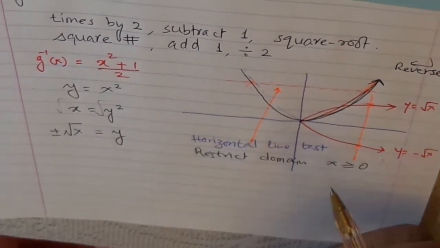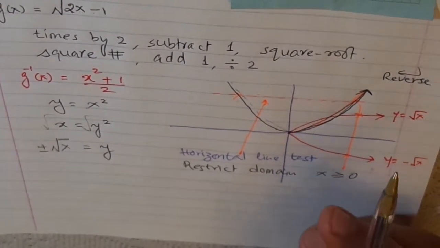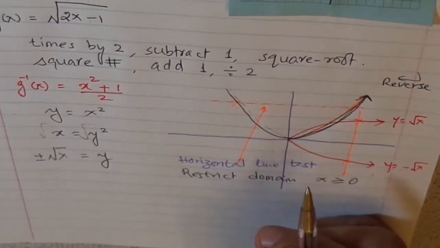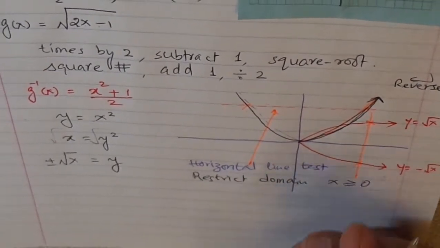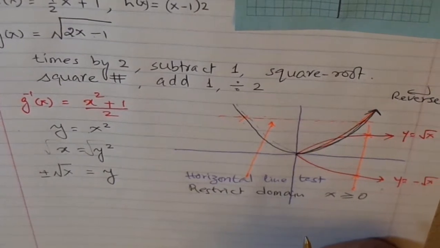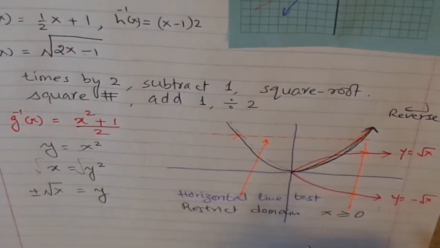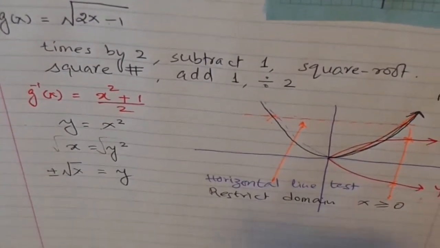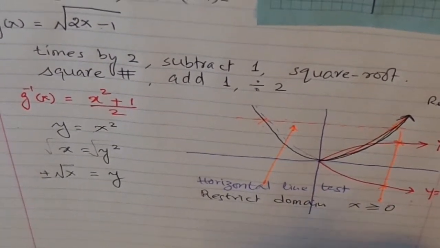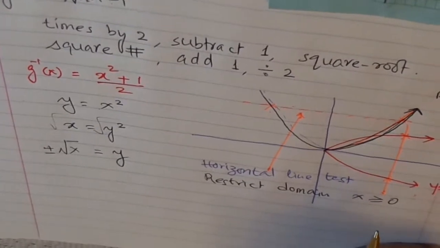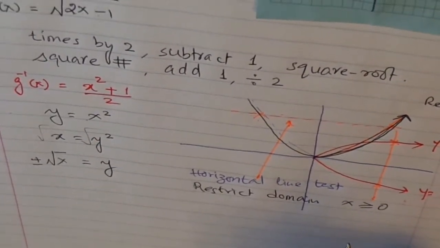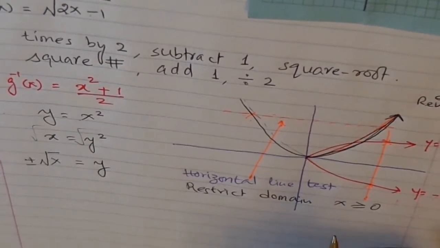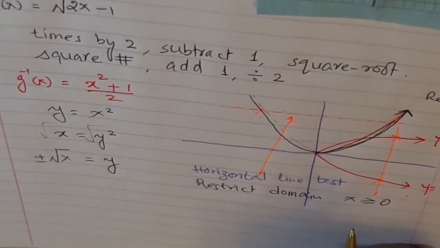In many examples, let's say you go to the market and you want to buy shirts, and a shirt is on discounted rate and one shirt costs just $20. Then 3 will cost you how much? $60. But if you have to figure out for $100, how many shirts can you get? This is what an inverse of the function will do. So it has a lot of practical applications.